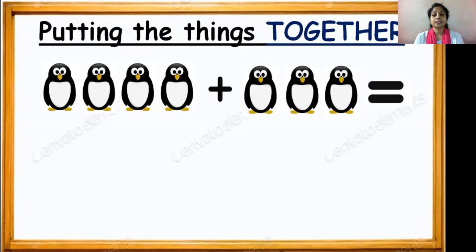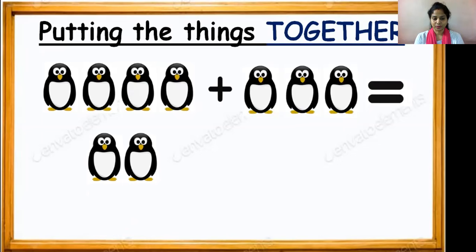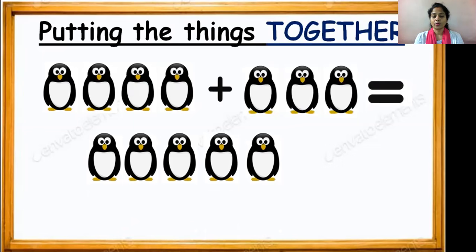So what will we get after this equal to symbol? When we put the things together, then we will get our final answer that we call sum. What do we call it? Sum. Now tell me, if these 4 penguins we add to 3 penguins, how many penguins do we have now? 1, 2, 3, 4, 5, 6, 7.